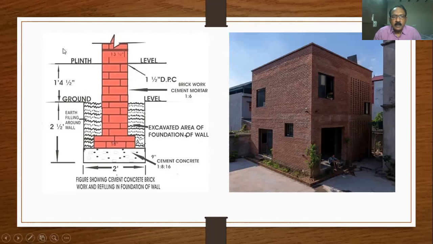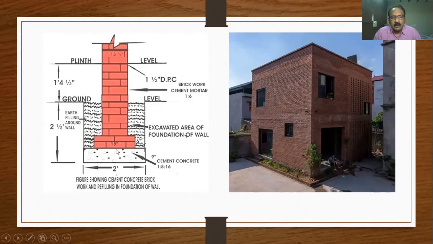So this is the typical cross section of brick wall, not RCC footing. It is a load bearing brick wall like this. Generally, these are constructed in North India or other countries. First one is excavation. In excavation, they will have some cement concrete with ratio here given 1:8:16.